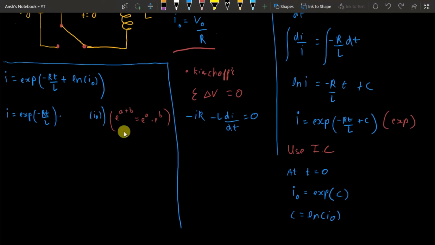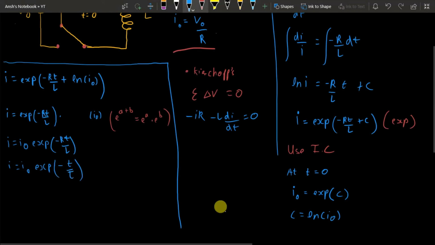So we have the final form as I is equal to I naught exponential of minus RT over L. And this can also be written as I is equal to I naught exponential of minus t over tau. And here tau is the time constant for an LR circuit given as L over R. You can find out more details about this time constant in the previous charging LR circuit video.